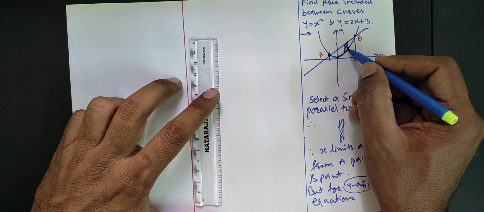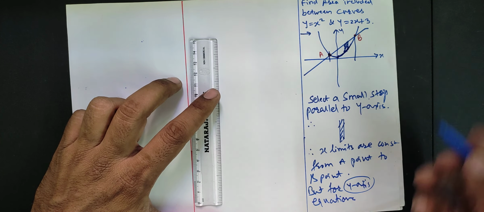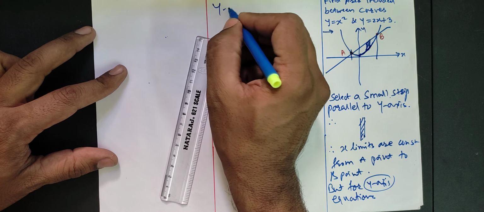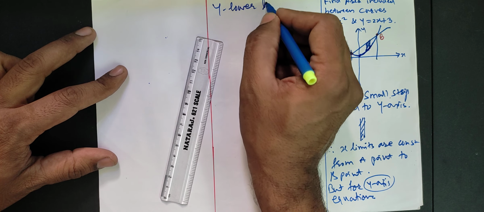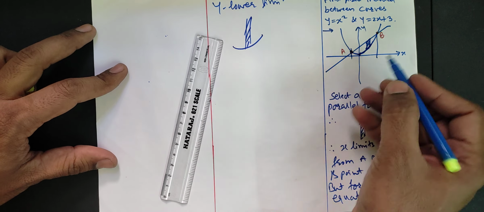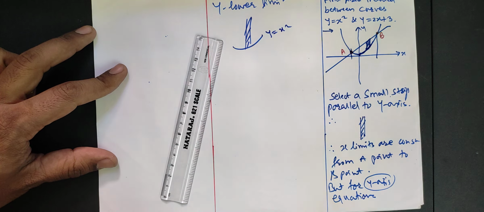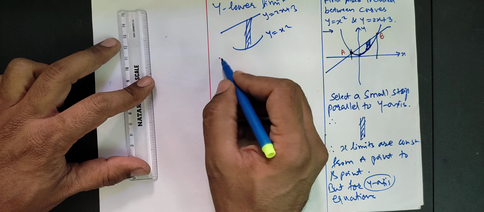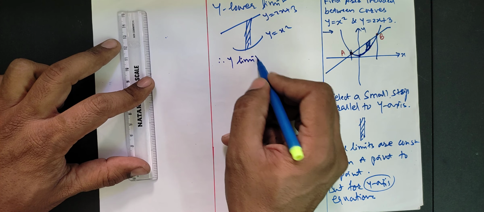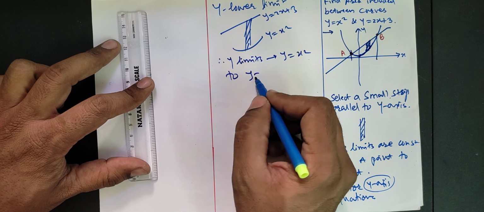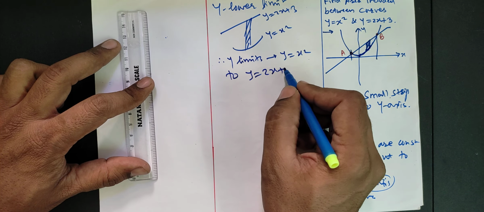This is the lower point of the strip, and it is touching the lower limit for y, that is this curve, the parabola y equals x square, and the upper end is touching this line, that is y equals 2x plus 3. So the y limits are going to be from y equals x square to y equals 2x plus 3.